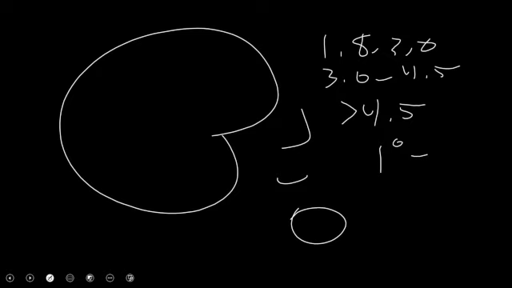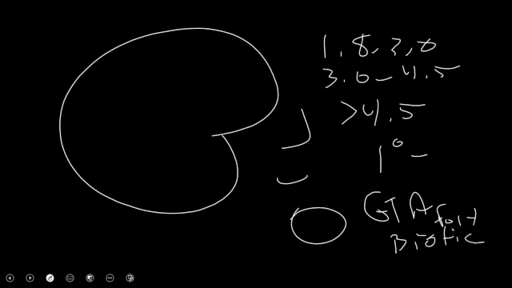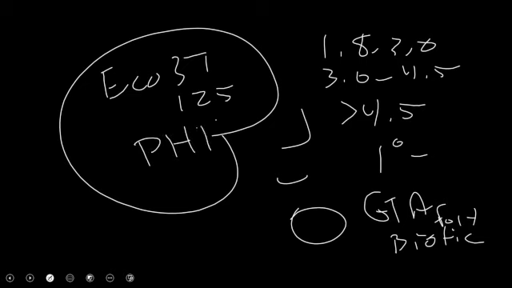If somebody has Hashimoto's, and somebody just said they had TSH of 76, there's 2 products out there. One is GTA and GTA Forte, and that one is from Biotics. And then there's another one called Echo, either 37 or Echo 125, and that comes from Professional Health Products, PHP, out of Pennsylvania.